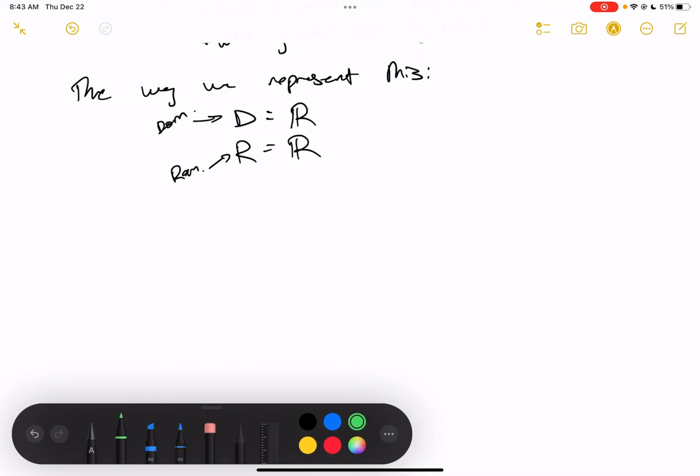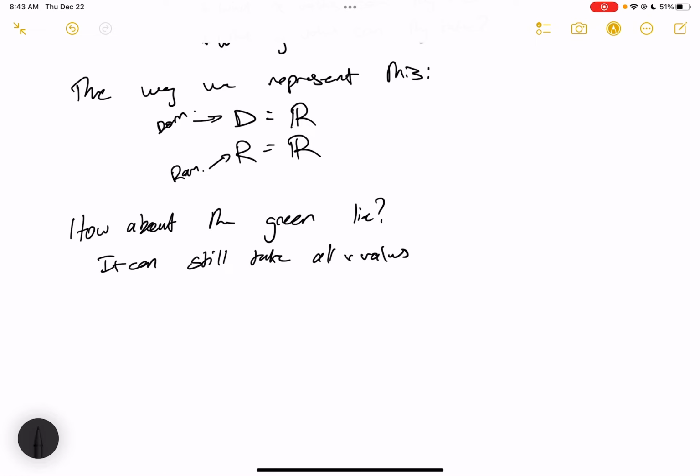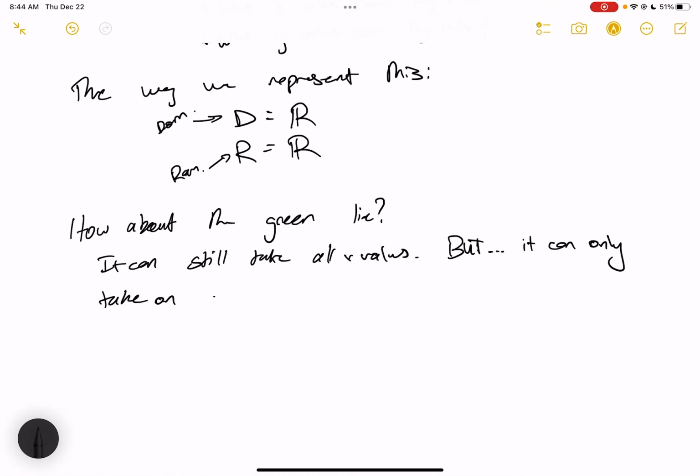So let's go into detail with this. How about the green line? It can still take all x values, but it can only take on one y value.